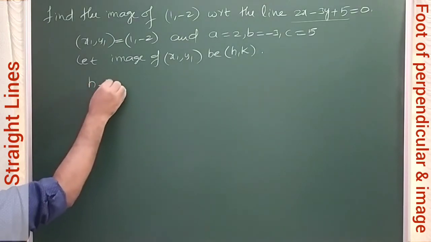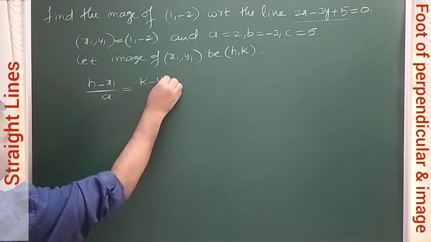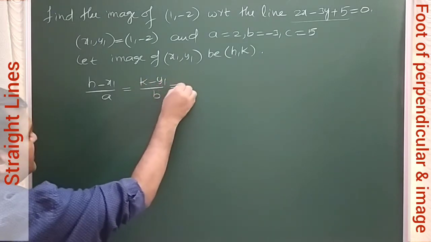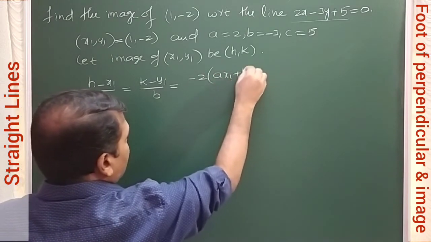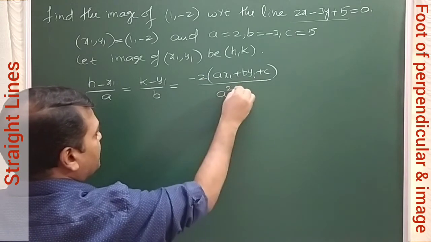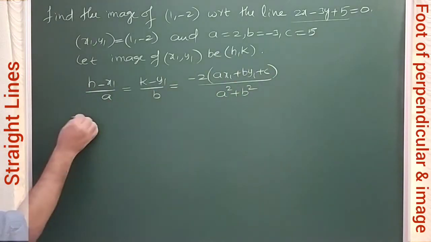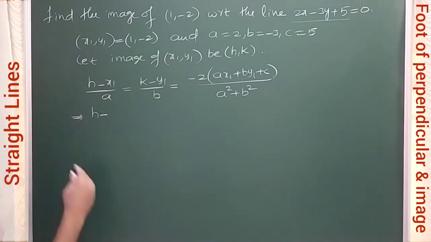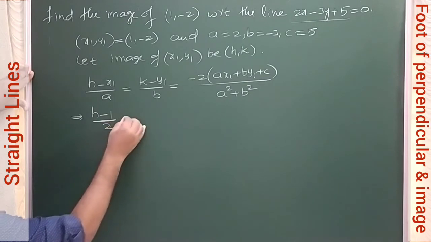So apply the formula. (h minus x1) by a is equal to (k minus y1) by b, that is equal to minus 2 times (ax1 plus by1 plus c) by (a square plus b square). Substitute all the values now. H minus x1 means h minus 1, by a is 2.